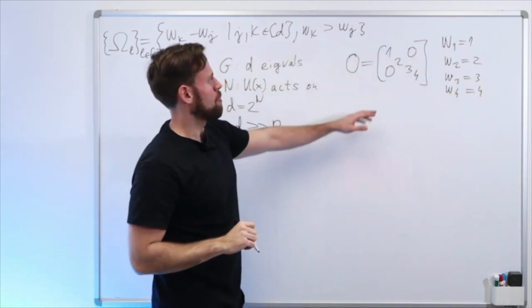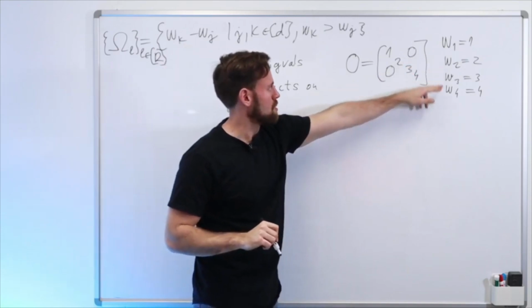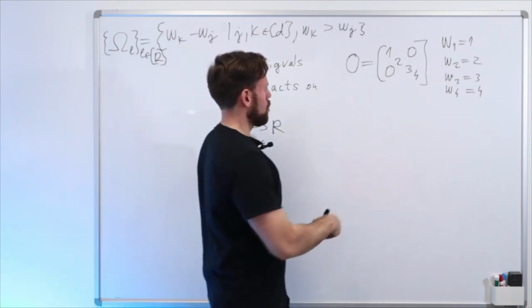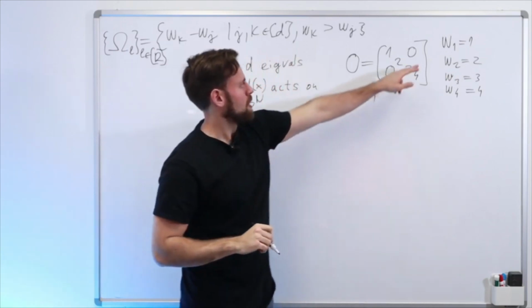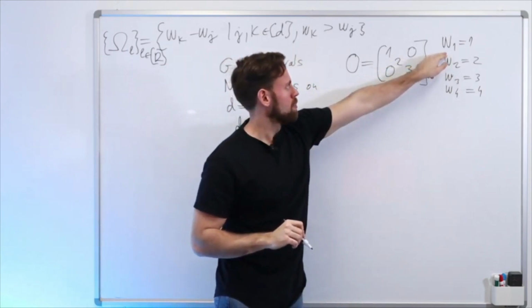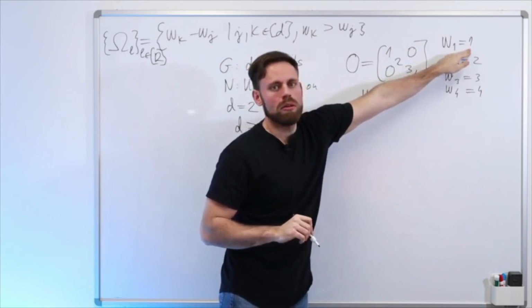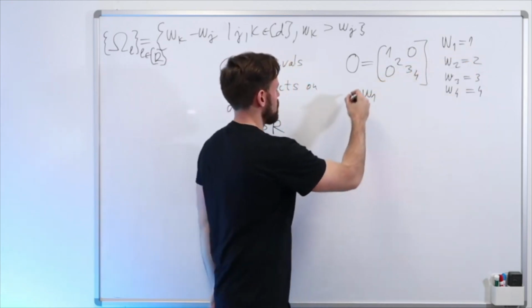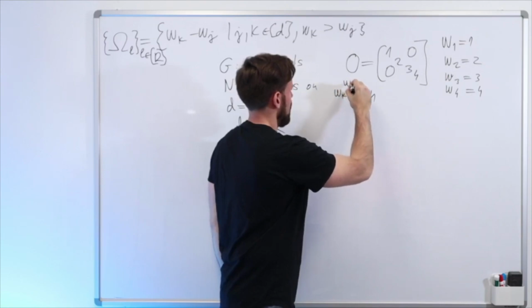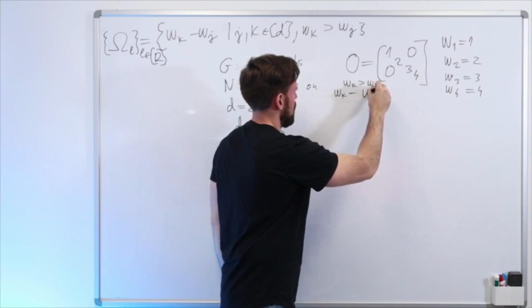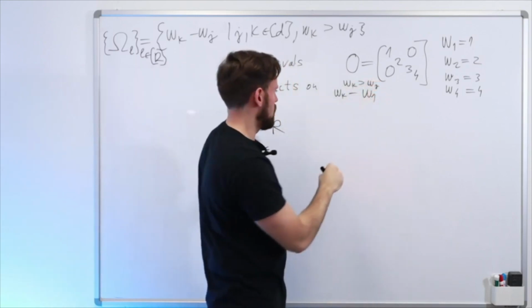In order to create the positive unique differences using these lowercase omegas, what we can do is first fix the smaller eigenvalue being 1 for the smallest one, and then consider the other eigenvalues, such that we will always have omega k being bigger than omega j. We have omega j here as omega 1.